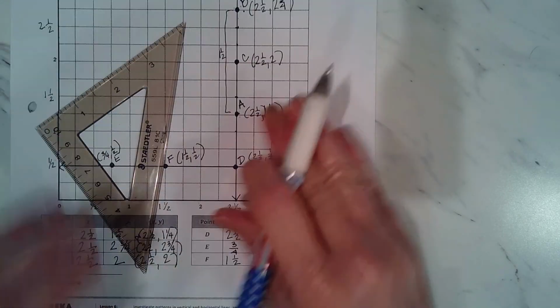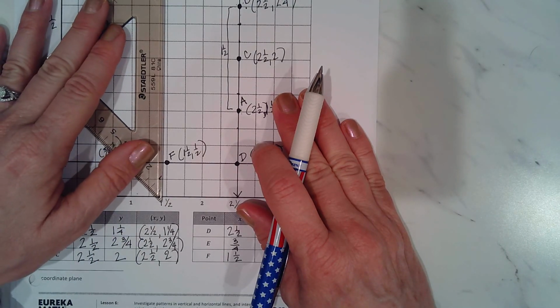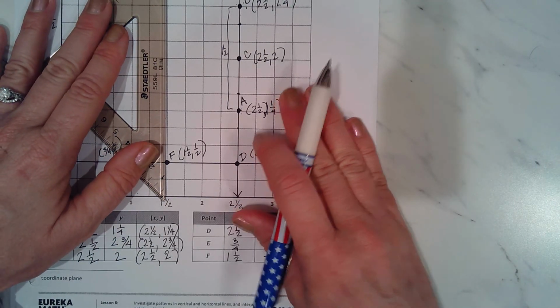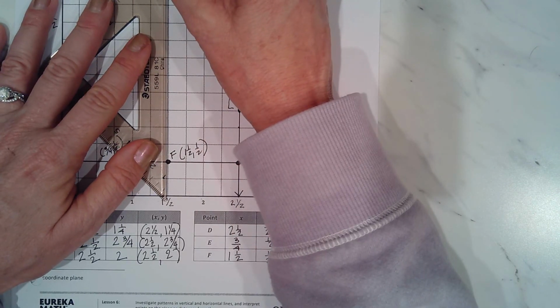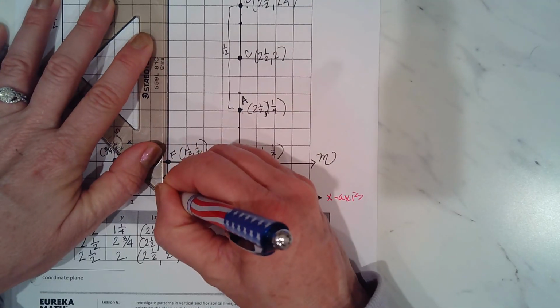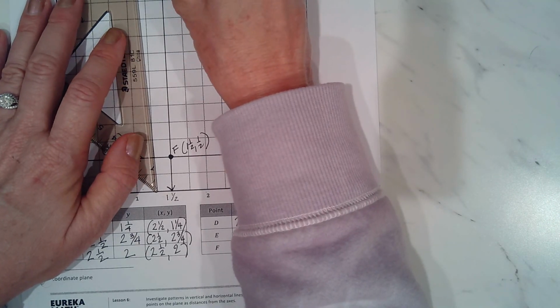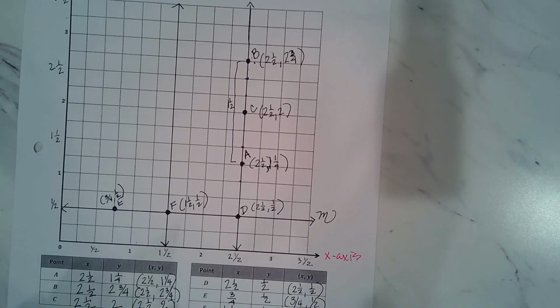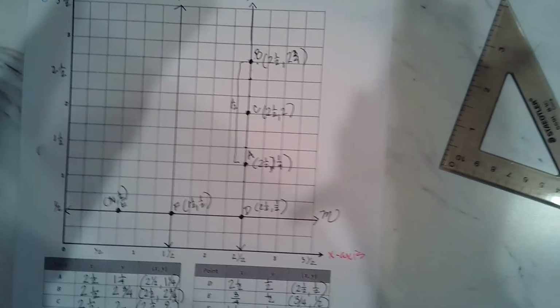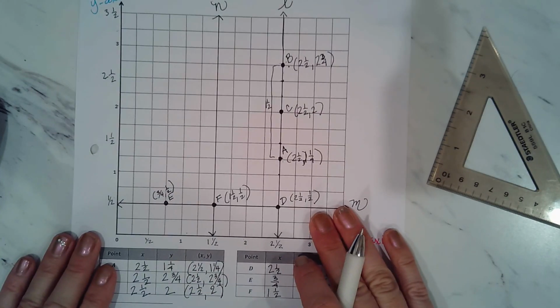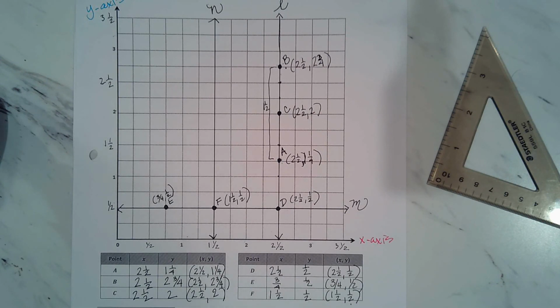So let's draw a line and label it N to go through line F and be perpendicular. Let's label that N. Okay.